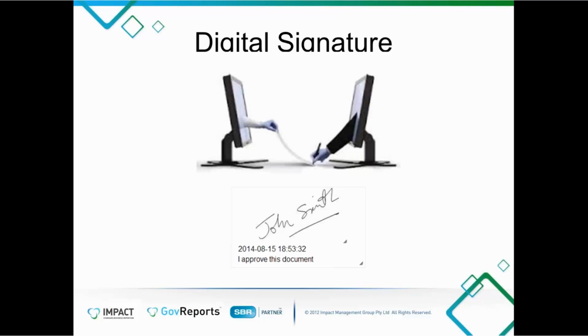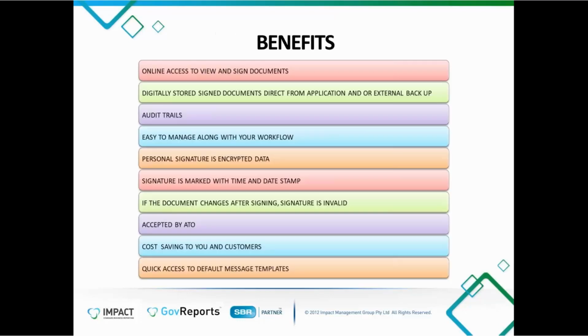The authentication process in this case is the identification of the recipient in terms of IP address and the email address, as per the client's profile that you have in your GovReports account. Of course, you have various offers in terms of security when the clients view those documents. The benefits, there are plenty. Basically, you can access it anywhere with internet, or with your email, where you can get access to your email and view it online.